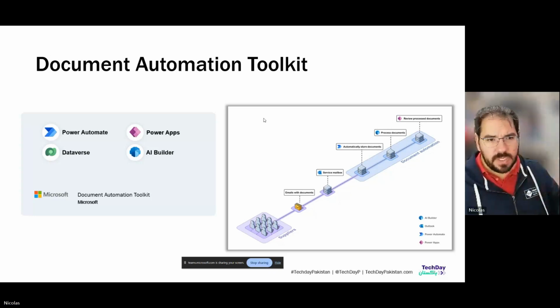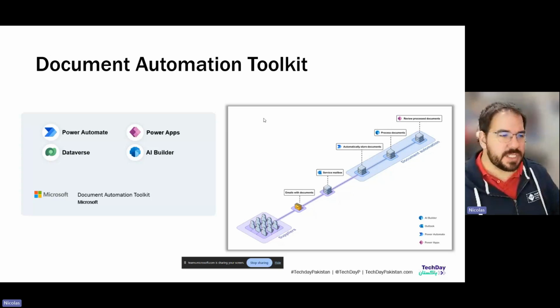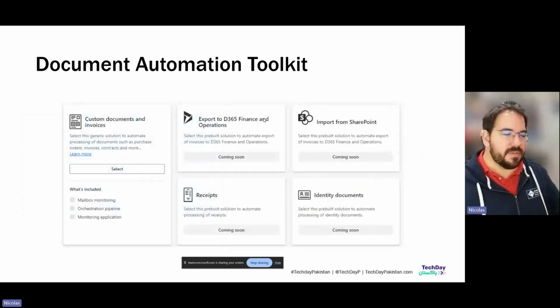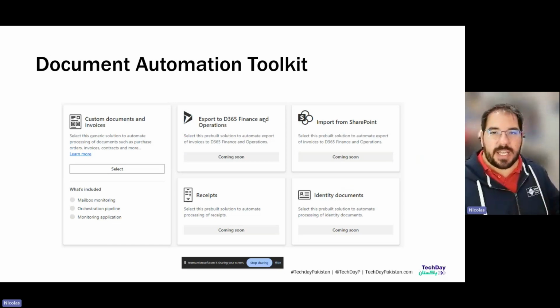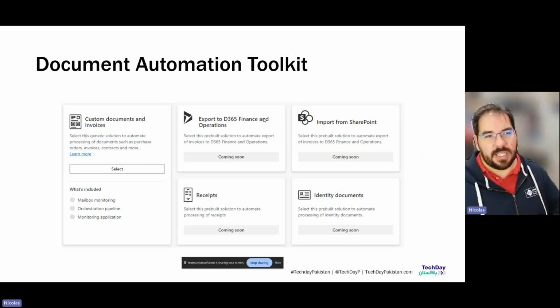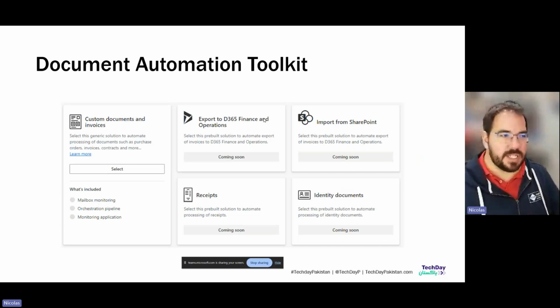So this is, as I say, the out-of-the-box process. What is Microsoft offering you right now? When you enable this and install this in your environment, you're going to be able to do one of two things. You could select a custom AI model from AI Builder for custom documents to extract all the information and then define it as the configuration of the document automation toolkit.